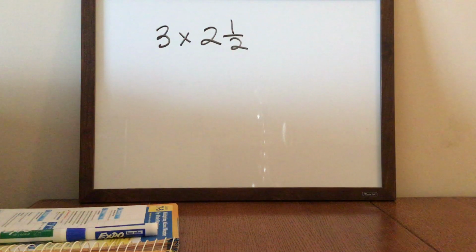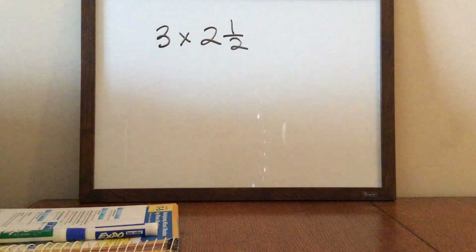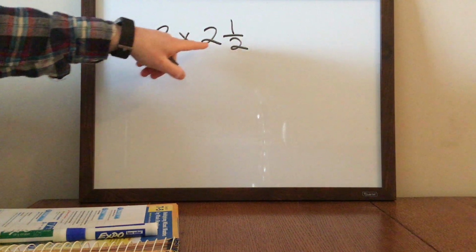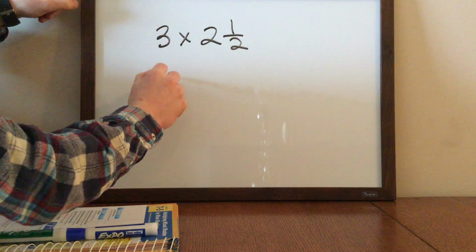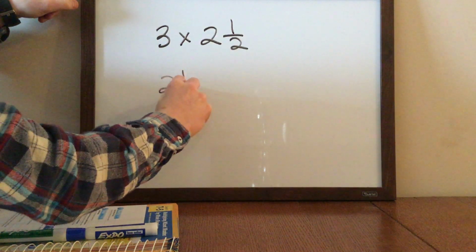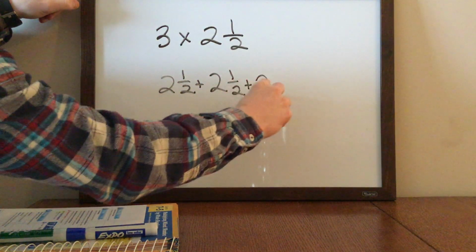We've practiced some of these problems in class the other day, where we can make this into an improper fraction, but we're going to look at how we can multiply these the way that they are. This is saying 3 groups of 2 and a half. So 2 and a half plus 2 and a half plus 2 and a half.